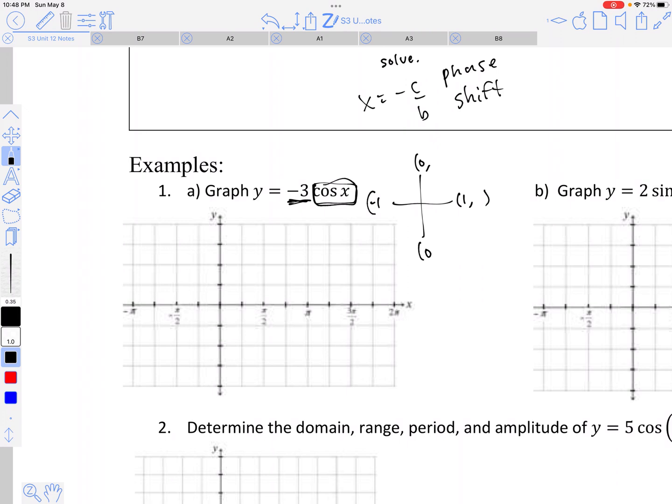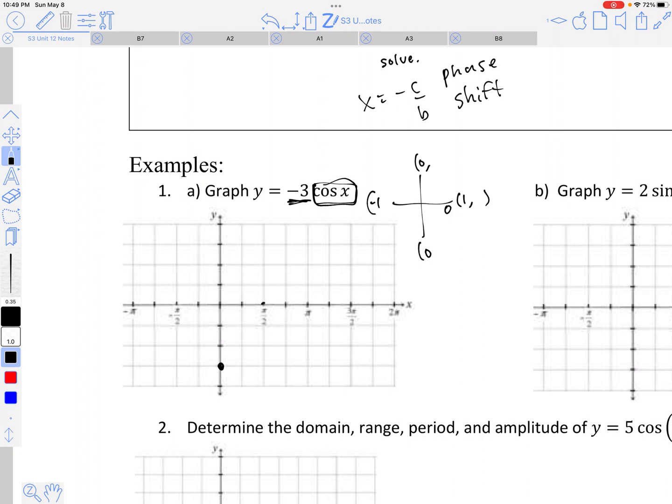So cosine at 0, right? So when we're at 0 radians, the output is 1, but we're multiplying it by -3. Okay, so it takes us down to -3. So it reflects it and gives us an amplitude of 3.